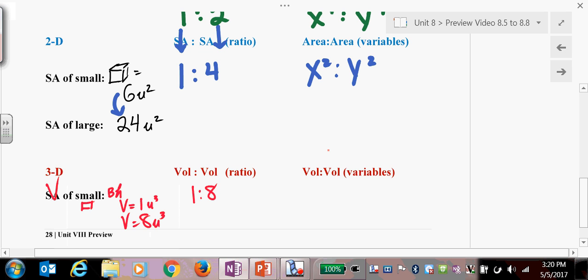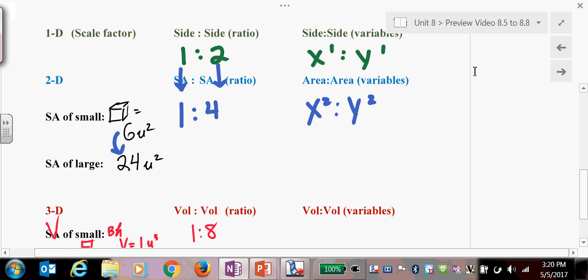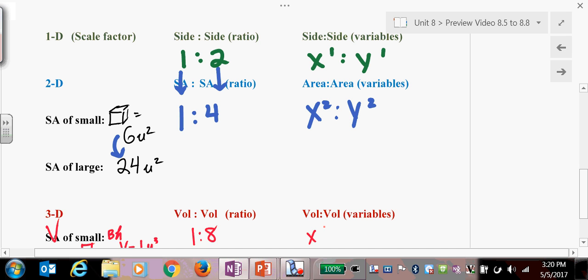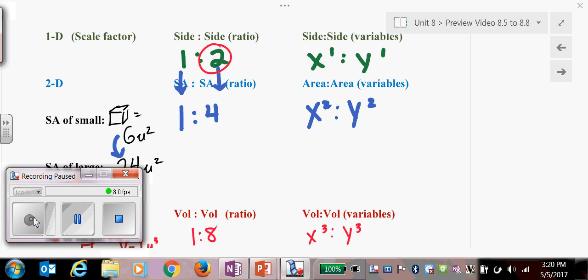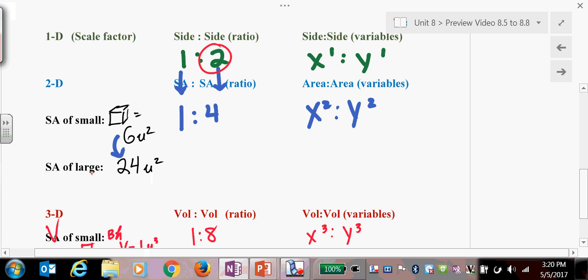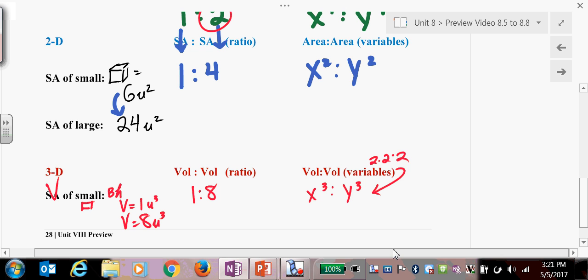If you look very carefully, what we actually have going on here is x to the third, y to the third. How do I know that? If I go 2 times 2 times 2, that gave us the 8. So when you change dimensions, you change ratios.